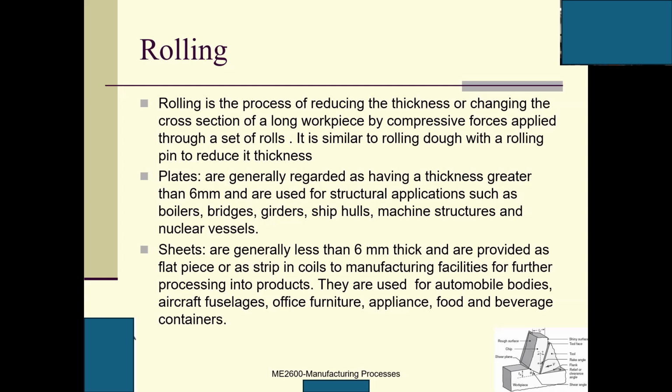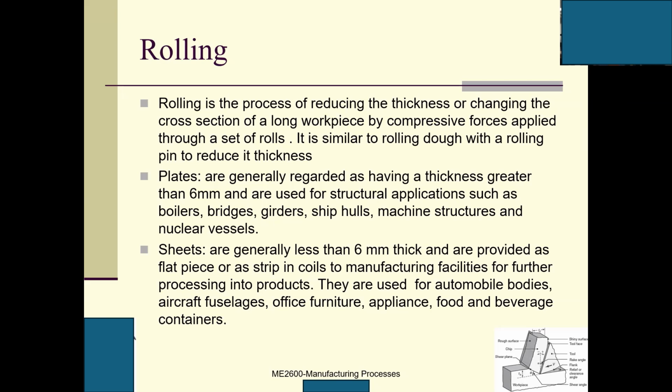So we have plates and sheets. When we talk about plates, we mean the workpiece thickness is decently big. The sheet is very thin. A plate is generally regarded as having a thickness greater than 6 millimeter. I don't know why they use 6 millimeter as a threshold value. We just know.